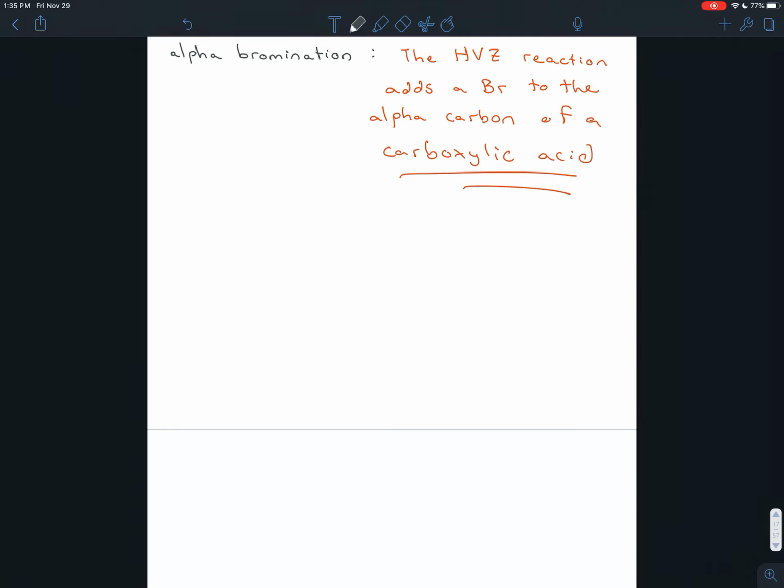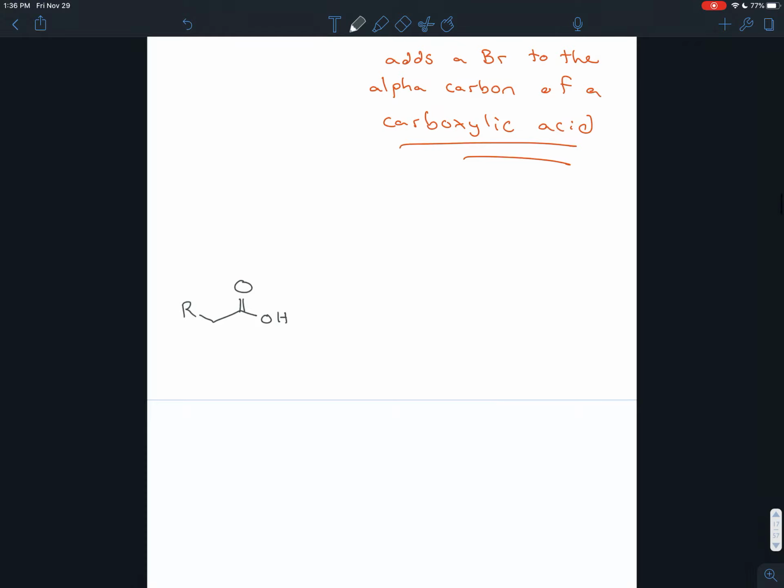So the first thing we have to do is take whatever carboxylic acid you have and get rid of the carboxylic acid part. Because once you get rid of the carboxylic acid, you can get the keto-enol tautomerism and then add the alpha bromine.